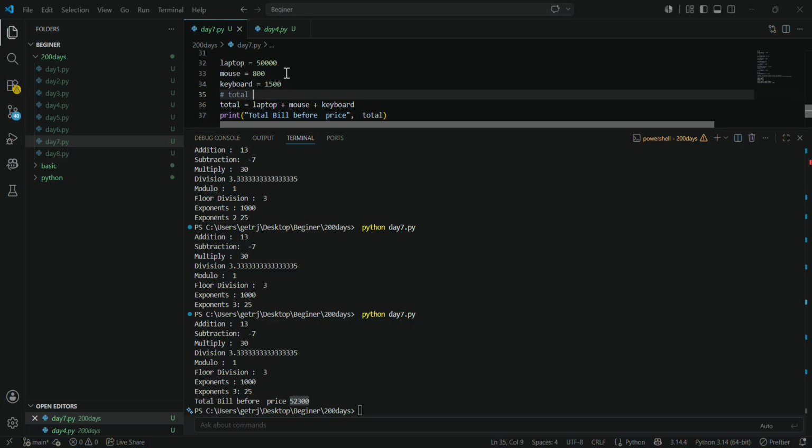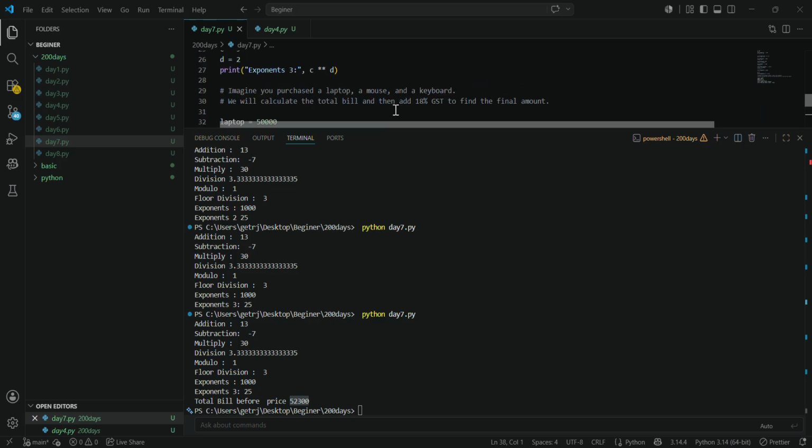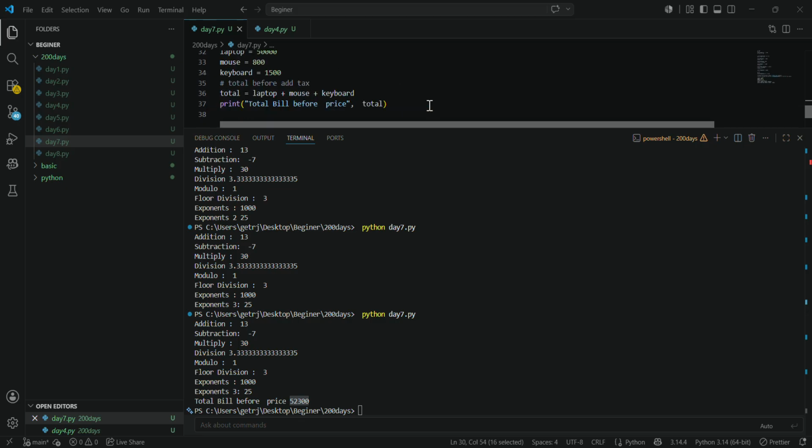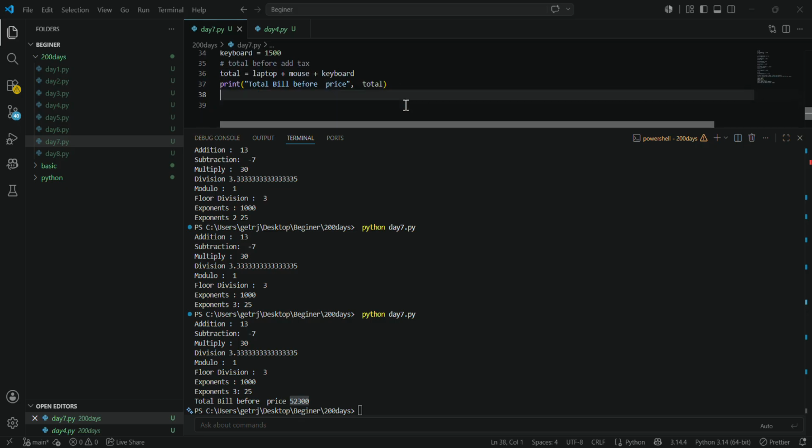Total before adding tax. Okay. Now we will add GST. Total is calculated, then add GST.